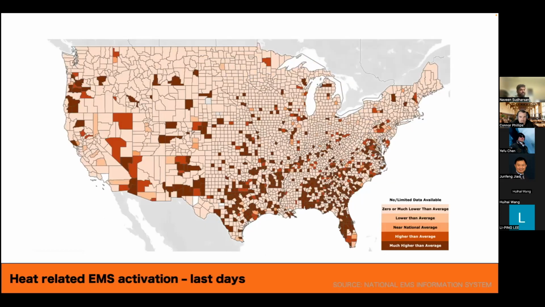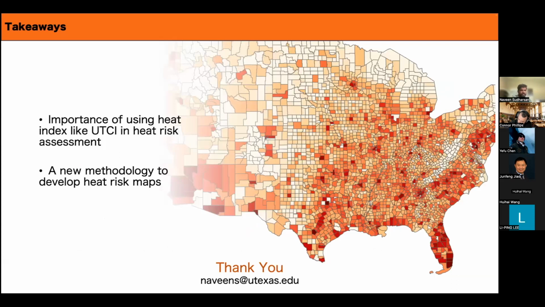So we assume that our methodology is correct. We don't have long-term data. If we had long-term data, we could have compared it, because the last 30 days don't show the hottest days for all the regions.